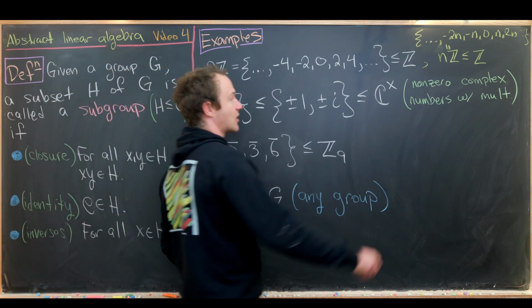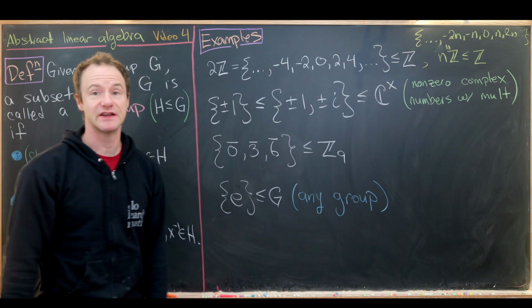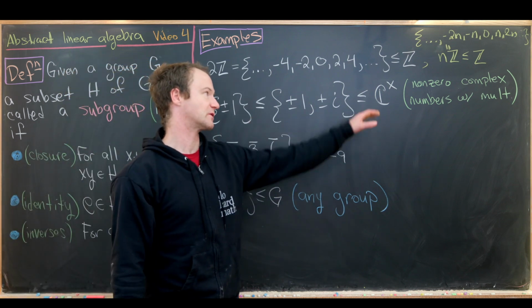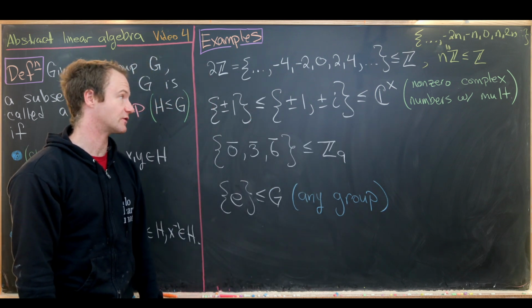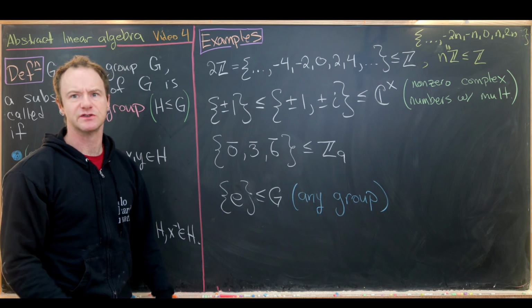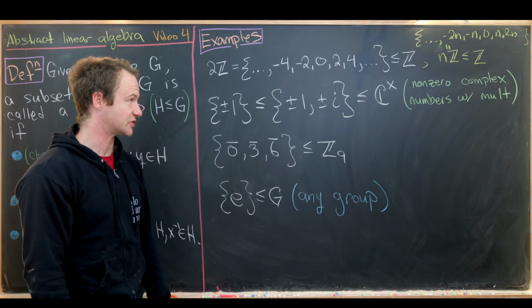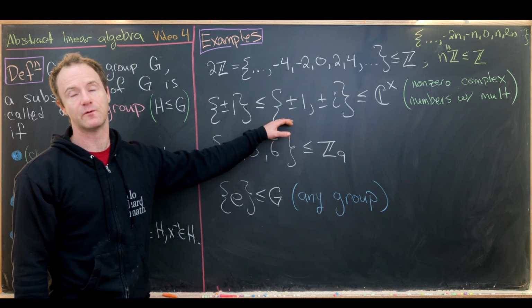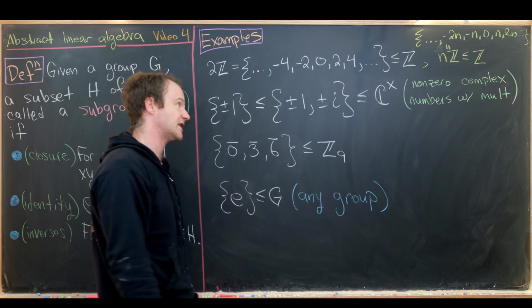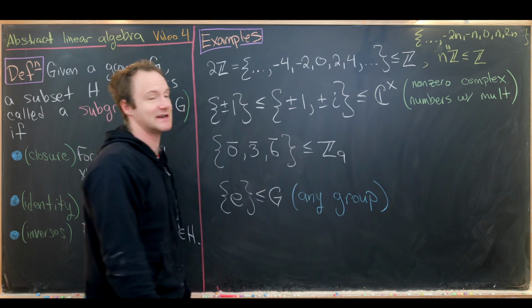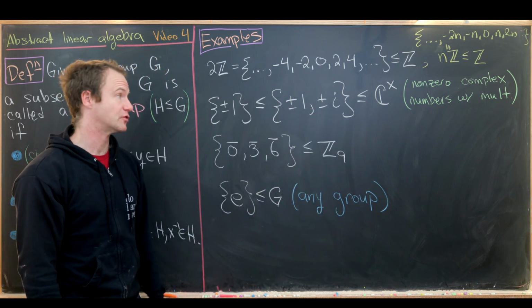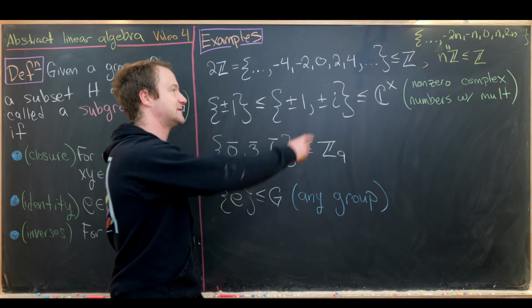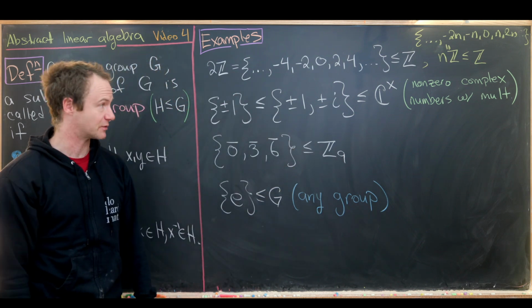Okay, here's another interesting example. Here our operation is multiplication, and the large group that we're talking about is the group of non-zero complex numbers. And that forms a group with multiplication. Right below that, we have this group of 4 elements that we talked about in the previous video, plus or minus 1, plus or minus i. That forms a group on its own, and it's also a subset of the complex numbers, so that makes it a subgroup.